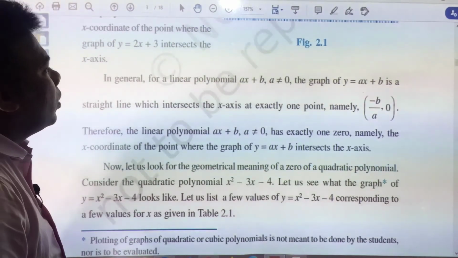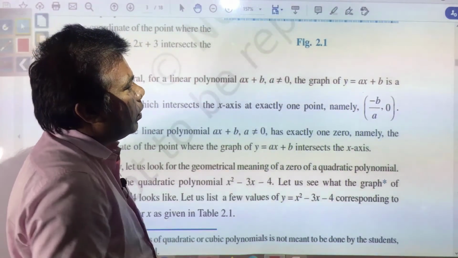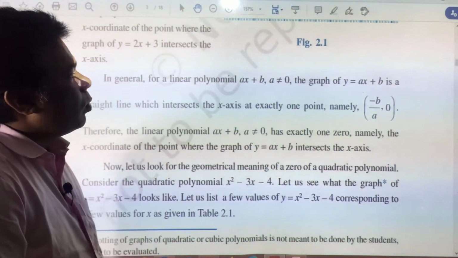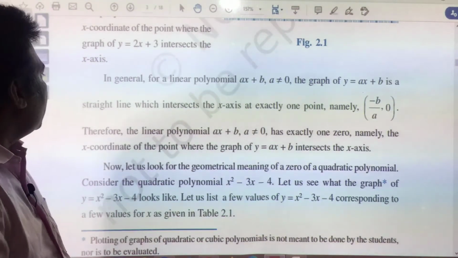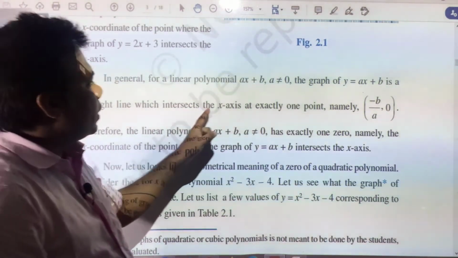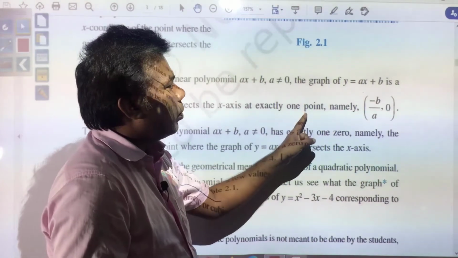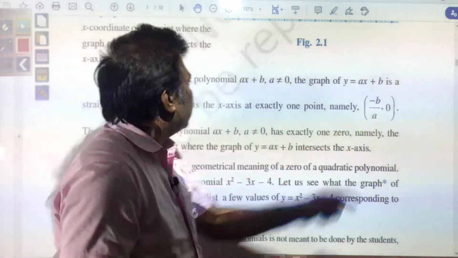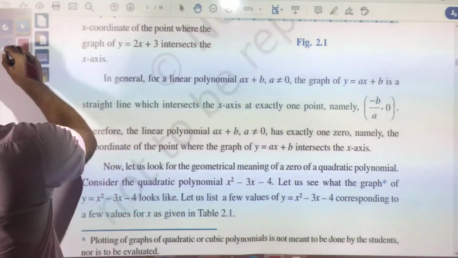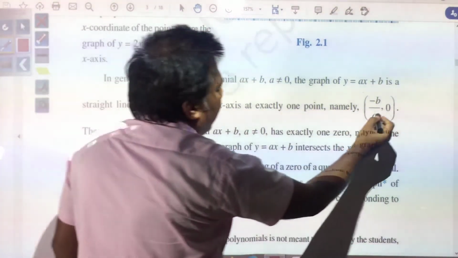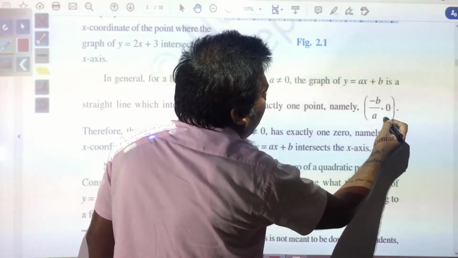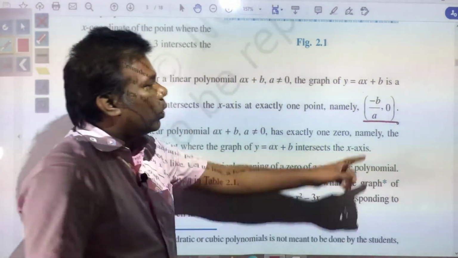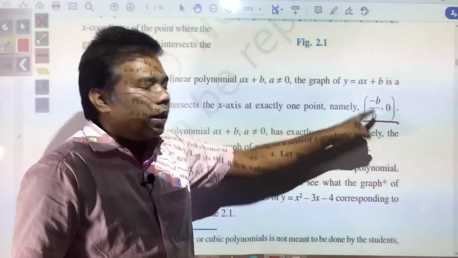In general, for a linear polynomial ax + b, a not equal to 0, the graph of y = ax + b is a straight line which intersects the x-axis at exactly one point, namely (-b/a, 0). Your coordinate will be (-b/a, 0), meaning your x will be -b/a.